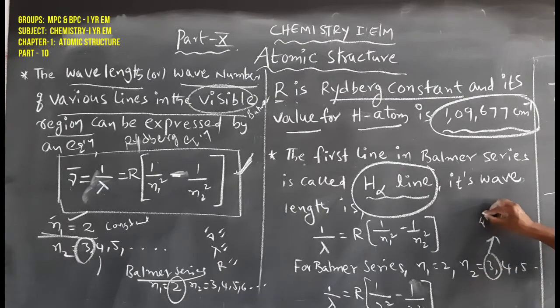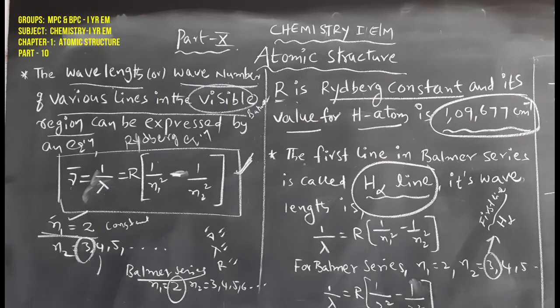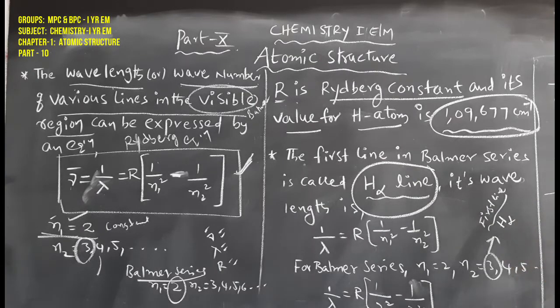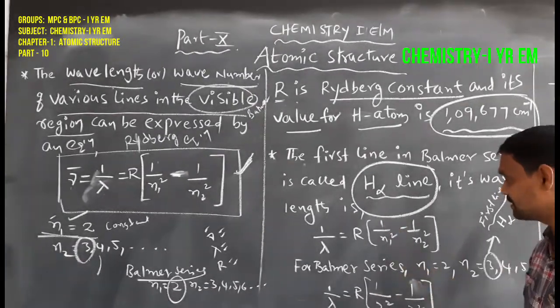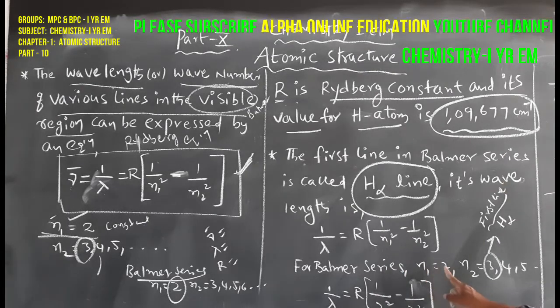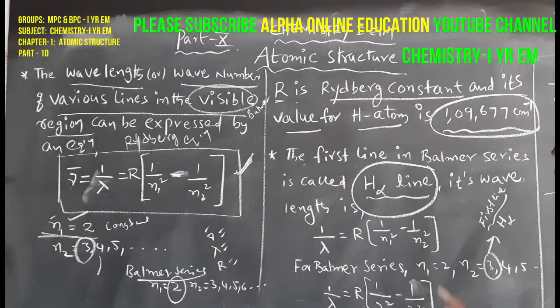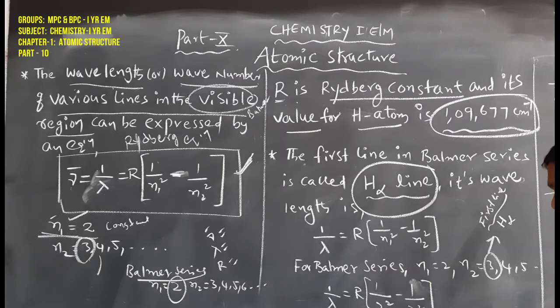So this is called the first line in the Balmer series, or the H alpha line. So 1 by lambda equals R into 1 by 2 square minus 1 by 3 square.